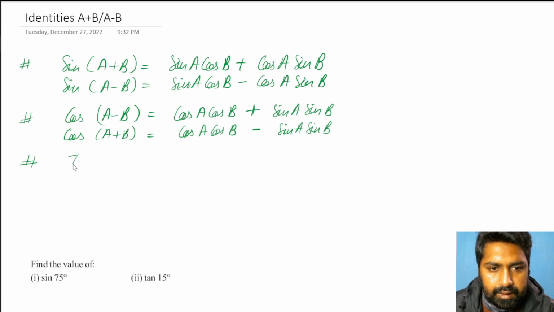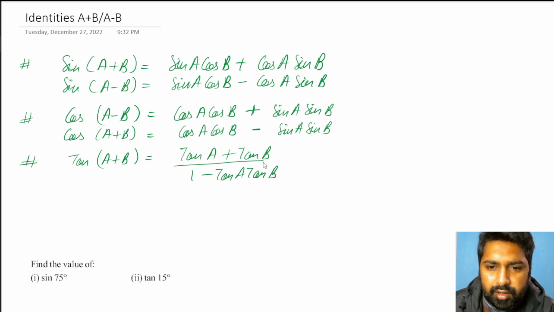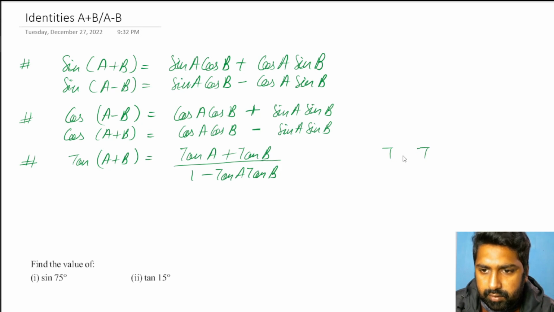Next, tan a plus b is tan a plus tan b upon 1 minus tan a tan b. Slightly weird format, but that's tan effectively. You have to learn the format as tan tan upon 1 tan tan. If it is plus here, put minus here.